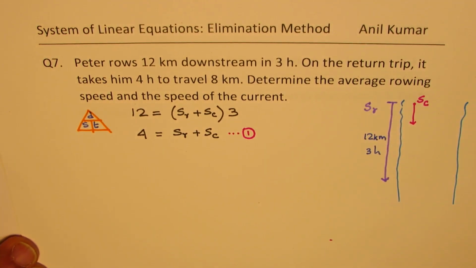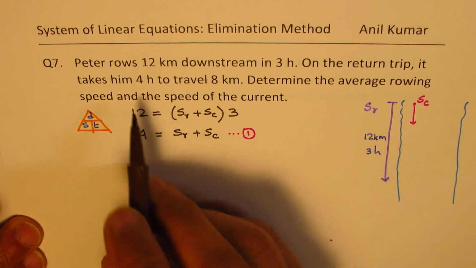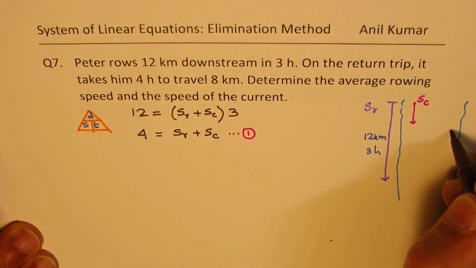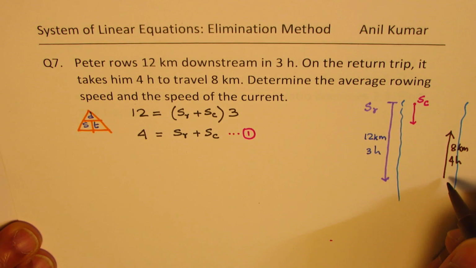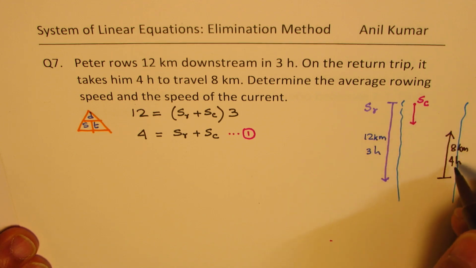Now, let's look into the second scenario when Peter is returning back. In that, he is able to do 8 kilometers in 4 hours. So returning back, let's say 8 kilometers, time is 4 hours. Now in this case, the speeds are going to be opposing one another.